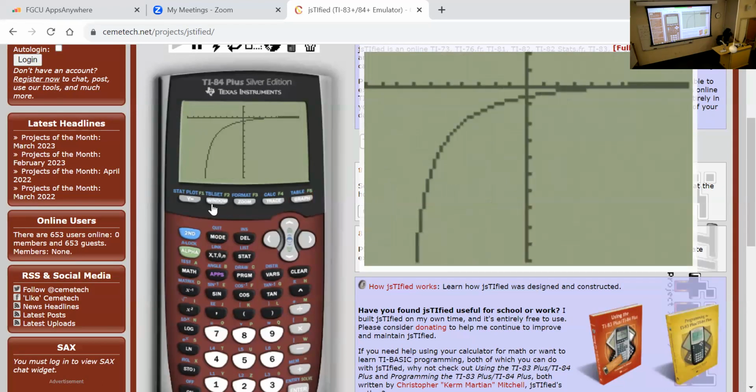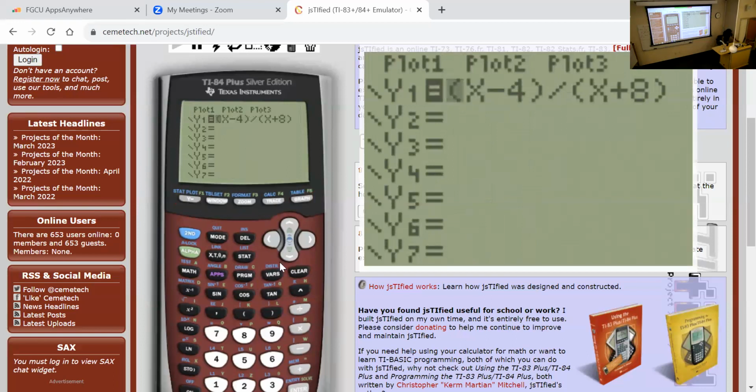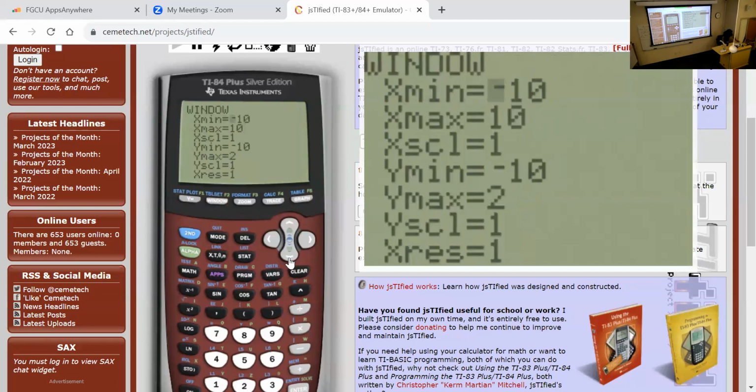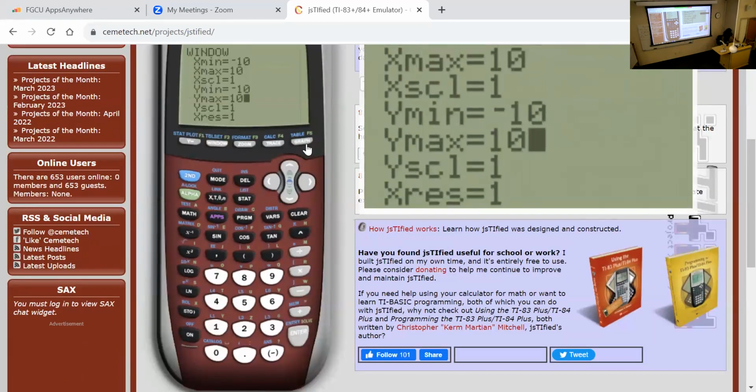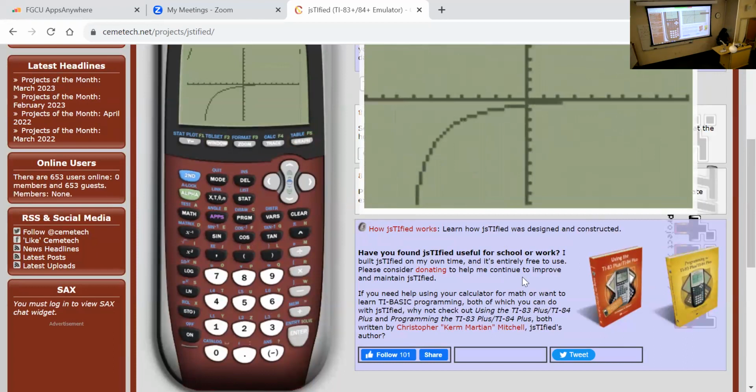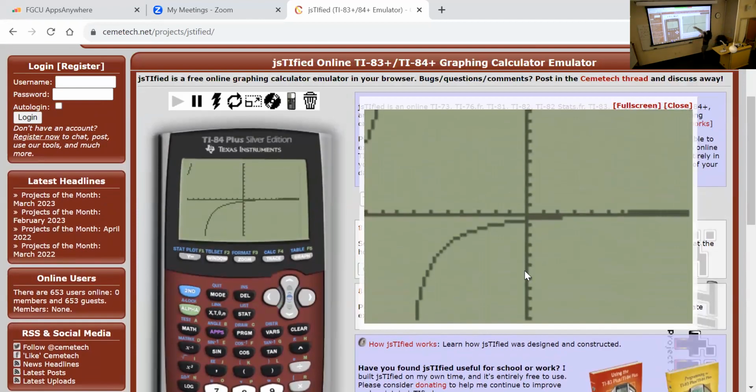I can't see because my Y values need to be adjusted, so I'm going to put it at 10. And graph. Okay, so you see that curve going up over there, right there. So it is going up. In other words, it is going toward positive infinity.